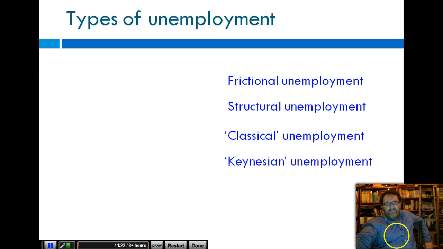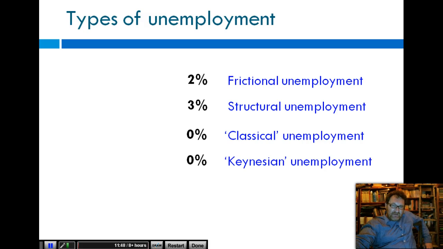So, for example, if we had a situation where the frictional unemployment rate were 2%, and of the unemployed, 3% of them were structurally unemployed, they lacked the appropriate skills and training, and let's say the number of people who are unemployed because the wage rate was set too high is 0%.